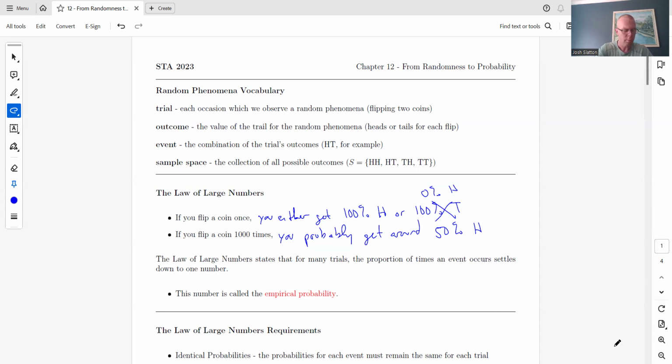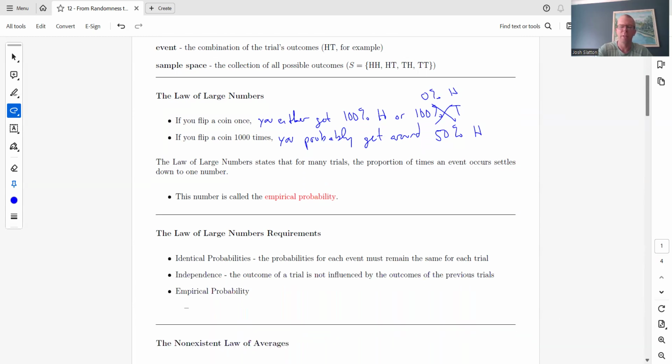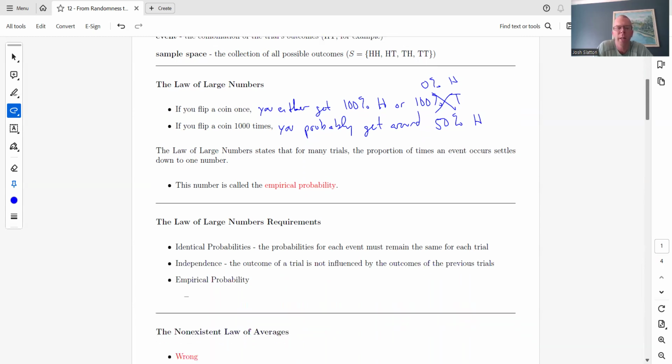Law of large numbers requirements: identical probabilities, so the probability of each event must remain the same for each trial. And then independence, which we'll talk about a little later in this chapter, and a lot more in chapter 13.